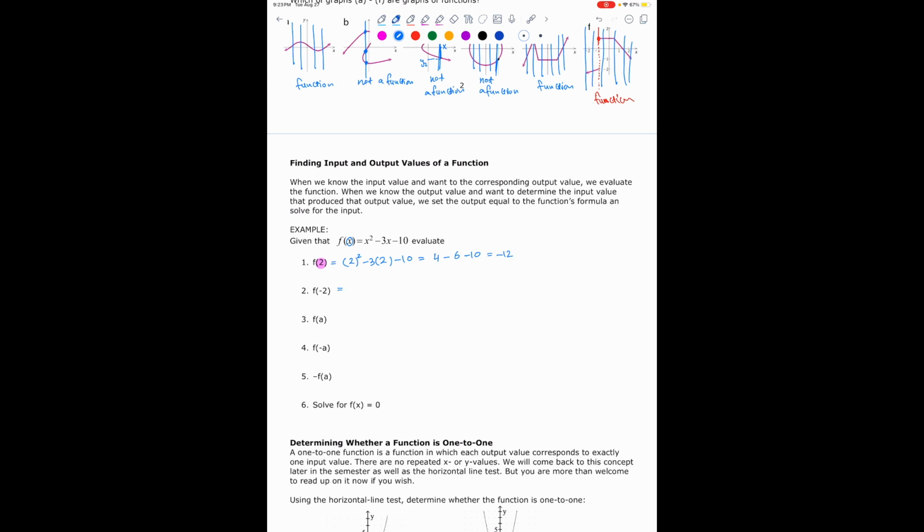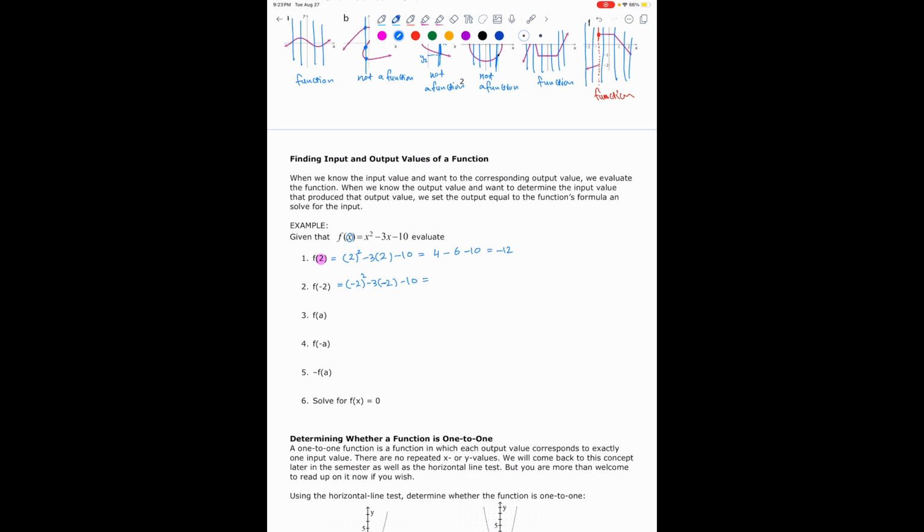Same with the second one. So we will replace every x with a placeholder. And then we place the negative 2 inside. Very important to include the parentheses, especially if you're dealing with negative numbers, because if you don't include the parentheses, especially if you're using a calculator, you're going to end up not squaring the negative and having the wrong outcome.